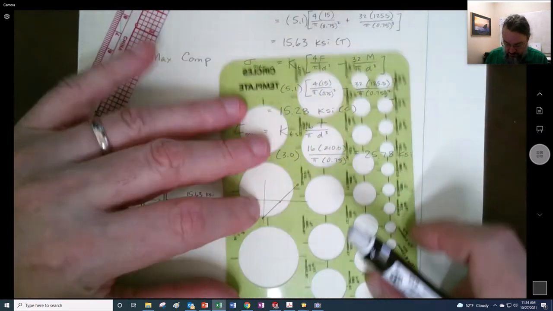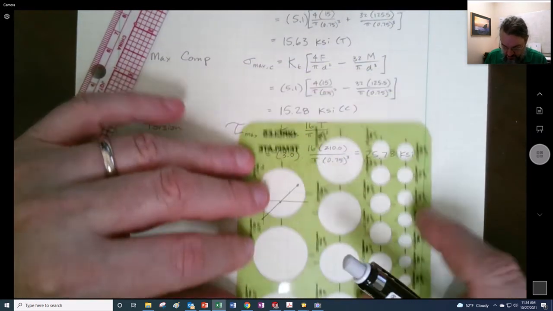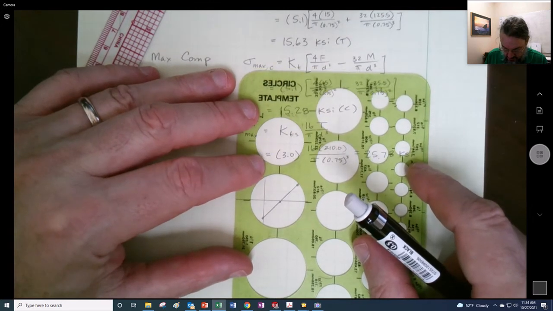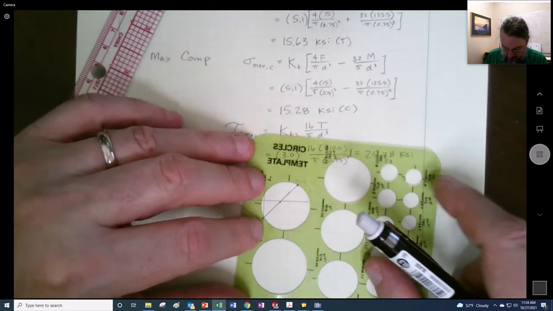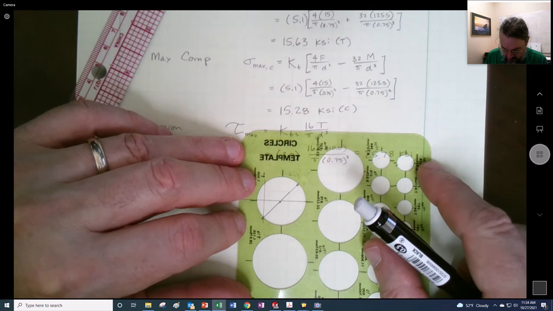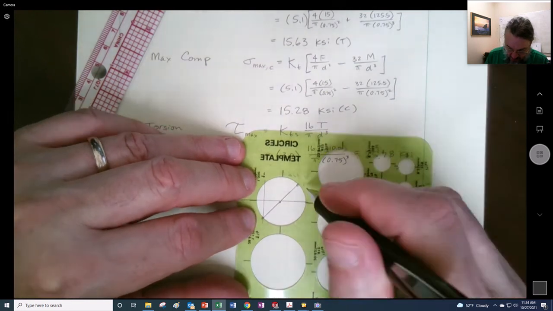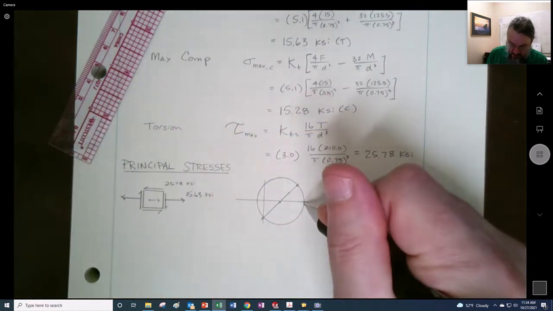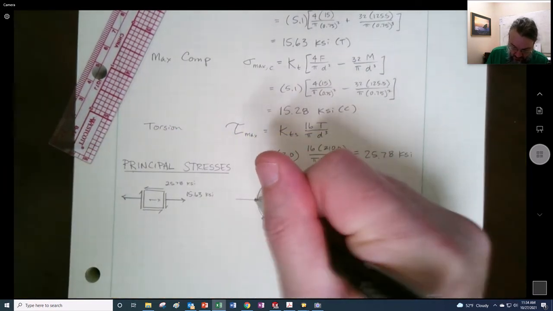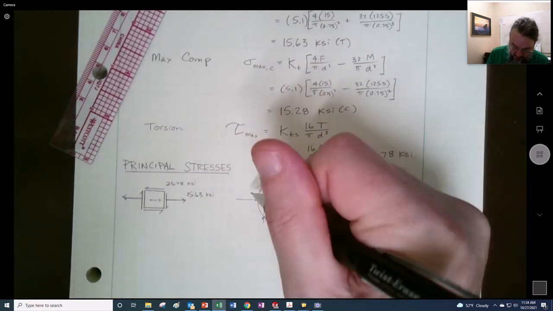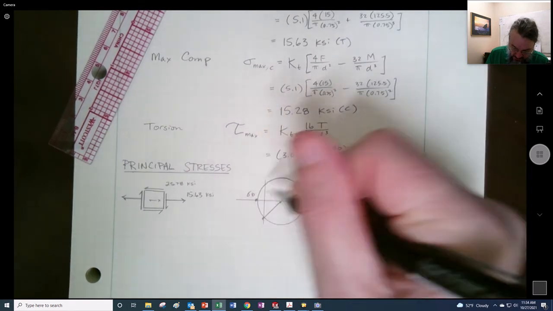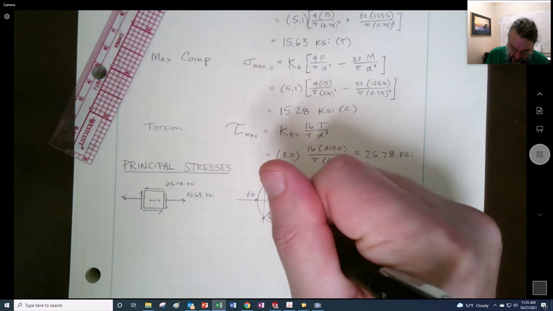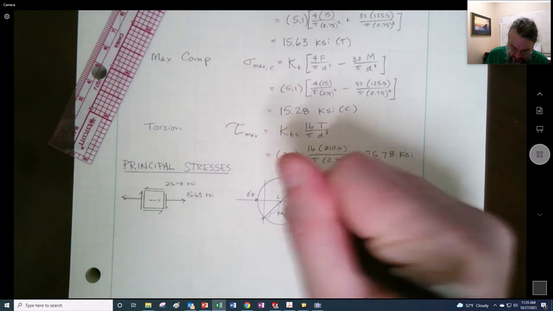I'm going to just put a little circle in it. It's closer to that one, probably. Yeah. It hardly matters, right? It matters to somebody somewhere. Sigma A is right there. Sigma B is right there. And here's C, and that's going to be R.